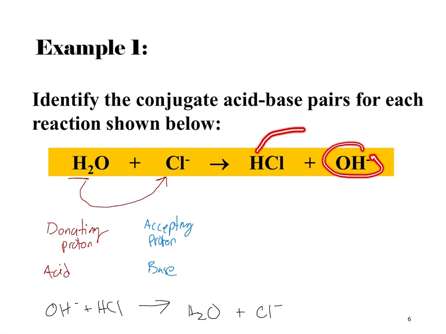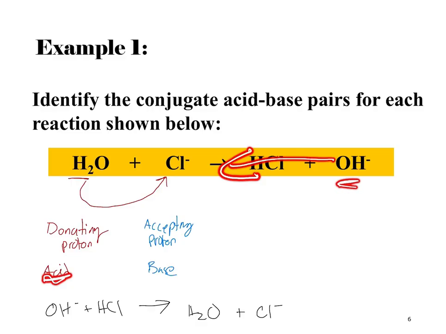This one accepts a proton to then regenerate H2O. But this comes from the water molecule originally, right? But because it acts like a base going in the opposite direction, this was our acid originally. This should be our conjugate what? Conjugate base, right? Because it's accepting a proton.